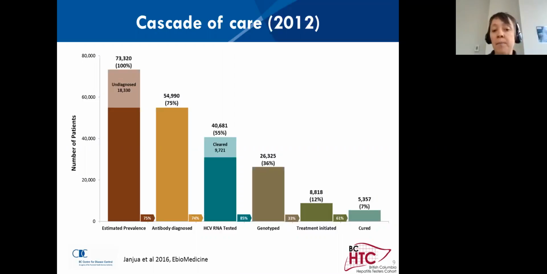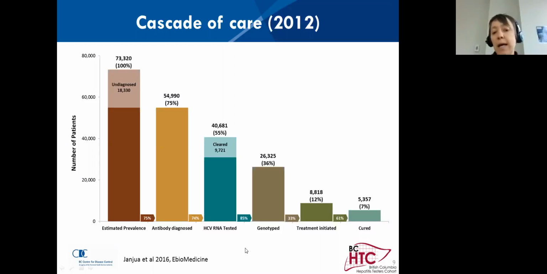Then we know about 25% of people who get infected with the hepatitis C virus are likely to clear spontaneously without treatment, and that's what we saw. Of those 40,000 people that got RNA tested, almost 10,000 cleared spontaneously. So that was about 23% of people that cleared without any treatment.